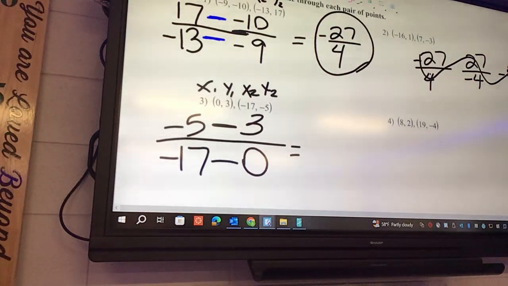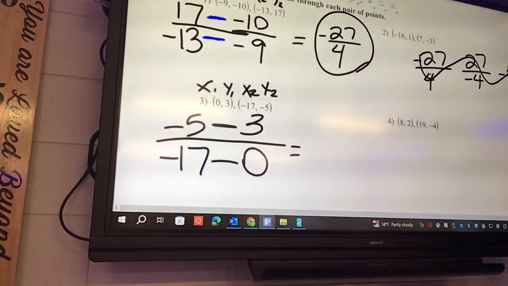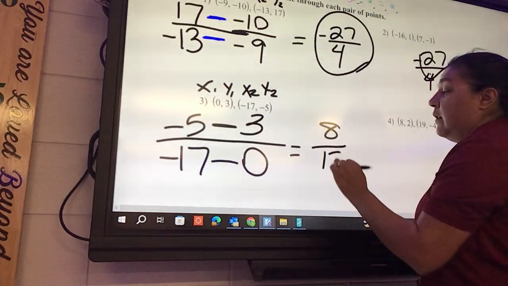Type that in your calculator, see what you get. 8 over 17. Yeah, 8 over 17.